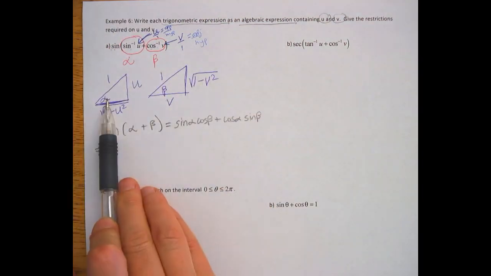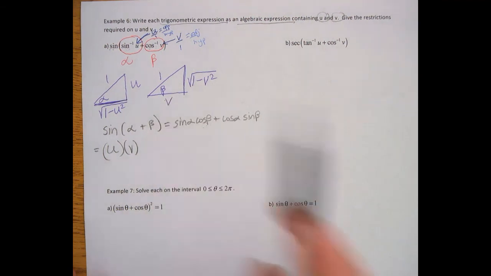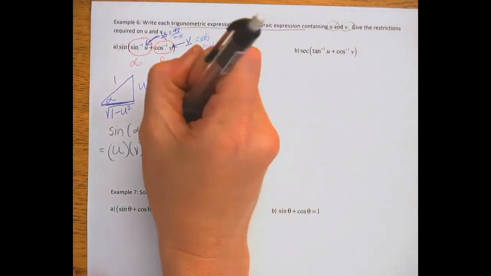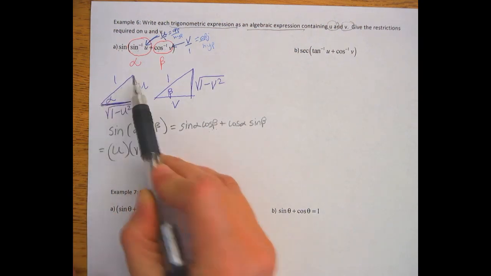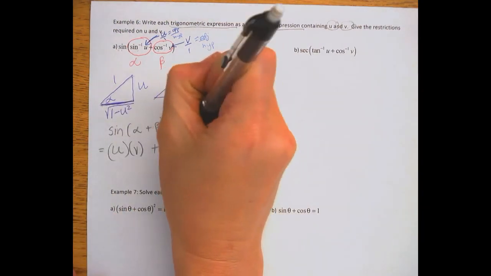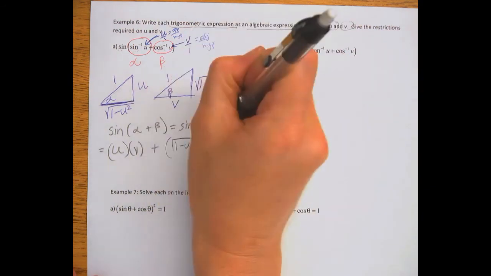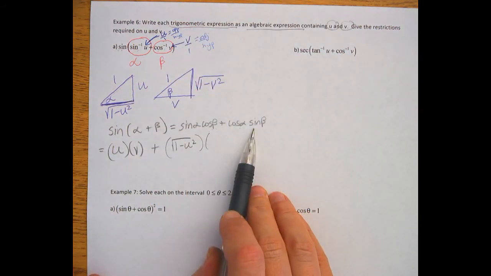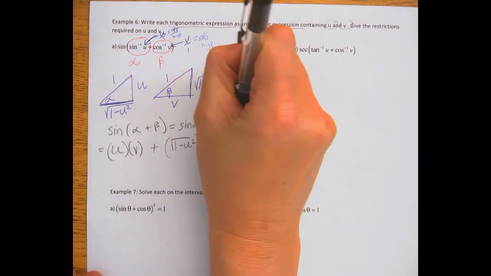Sine alpha is U. Cosine beta is V, because it's V over 1. Cosine alpha, it would be this adjacent over hypotenuse, so it's the square root of 1 minus U squared over 1. And then sine beta is opposite over hypotenuse, so it's the square root of 1 minus V squared over 1.